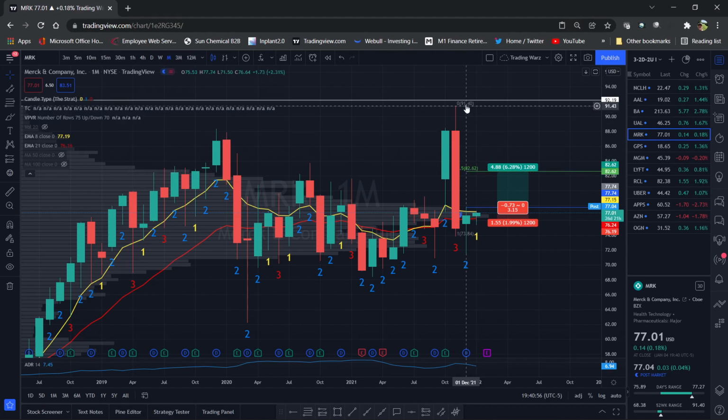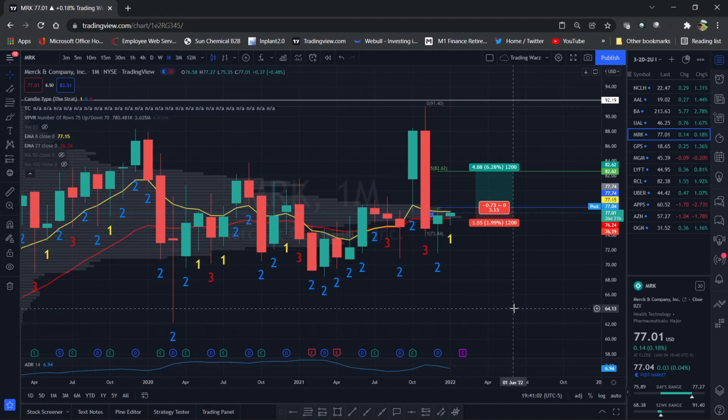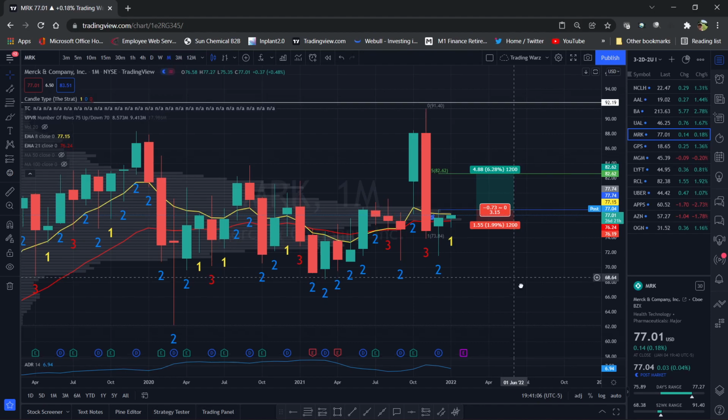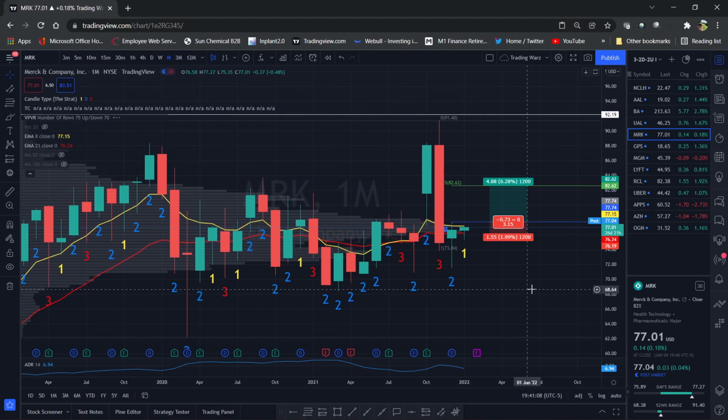Even though, if it's a true strat, your target will be up here around the 91 area. But that's a big move, in my opinion, for Merck at this time. So still, 3-1, if I honor this stop here, not bad R&R.